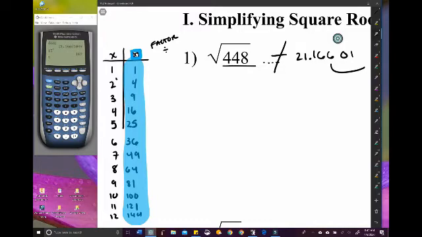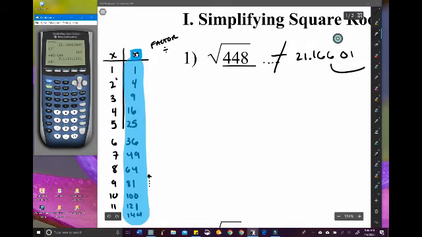And the key thing is you want to start from the biggest one and work your way down. So let's try 448 divided by that 144. Does it work? No, since we have a decimal there, that is not a factor.